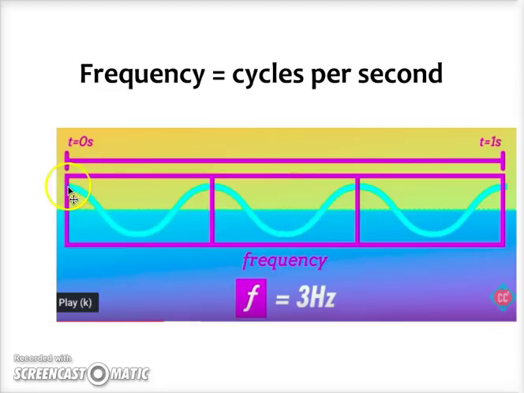So if we imagine a wave going up, down, and up, down, and up, down, and up, the amount of cycles up, down, up that it takes in 1 second is the frequency. So if we measure this in 1 second and the wave went up, down, up, down, up, down, up in 1 second, we would say that this has a frequency of 3 hertz.